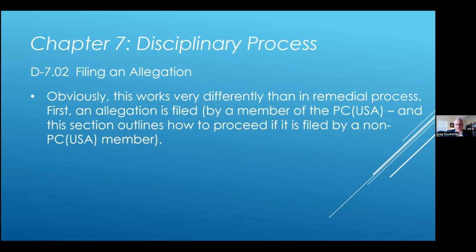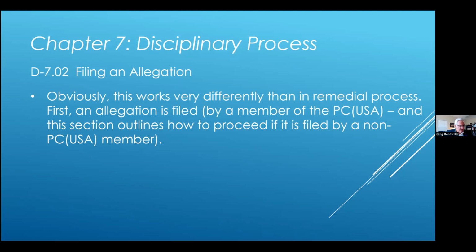The reality is it does not get before us unless a PCUSA member makes the allegation. But PCUSA members are encouraged to follow through when they have reason to believe that an offense has been committed.